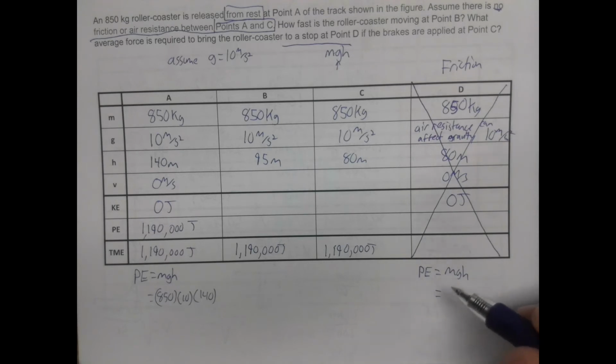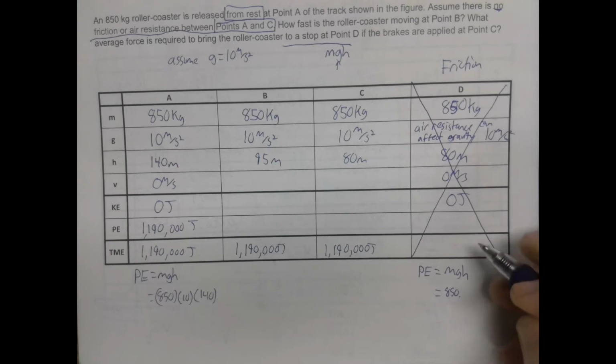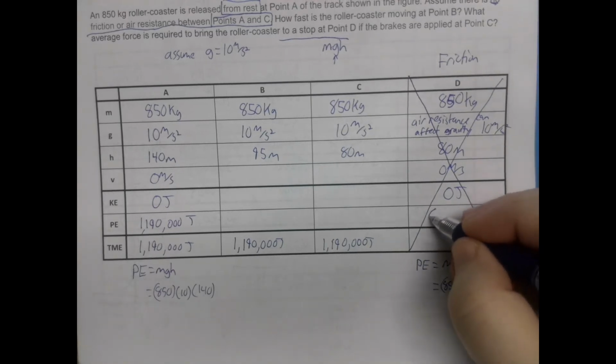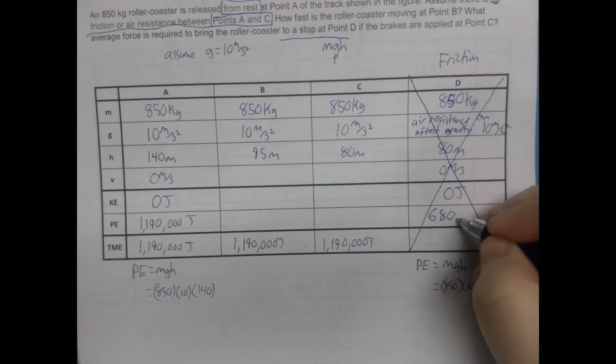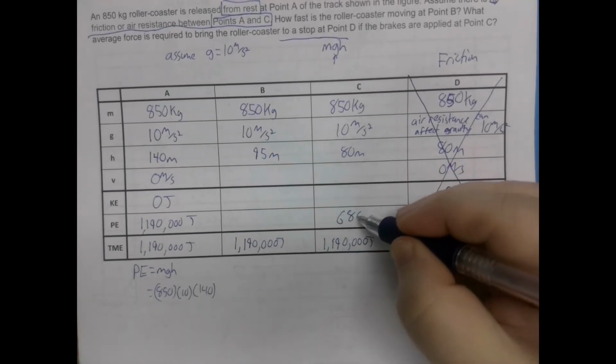So our potential energy at C and D would be the mass 850 times 10 times 80. So our potential energy is 680,000, and that's the same for here, right?